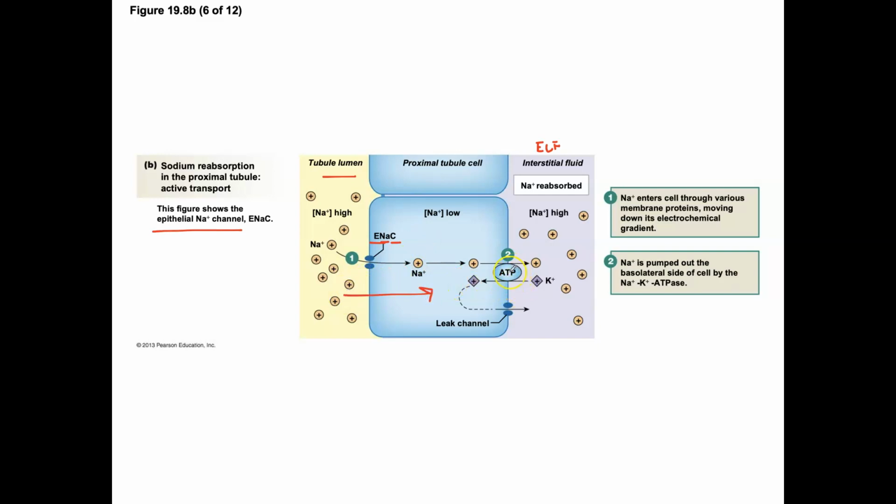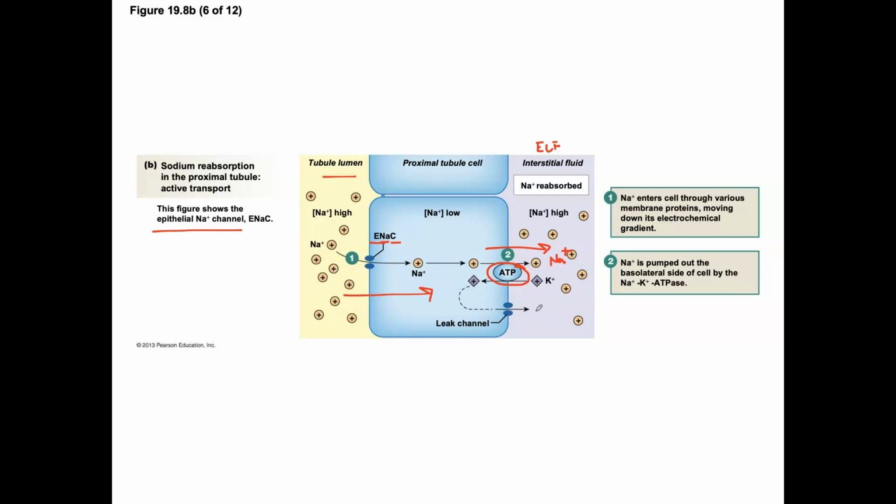And then we use the sodium potassium pump to move sodium into the extracellular fluid against its concentration gradient. So we can pump sodium out and then bring potassium in utilizing ATP. So this is a primary active transporter.